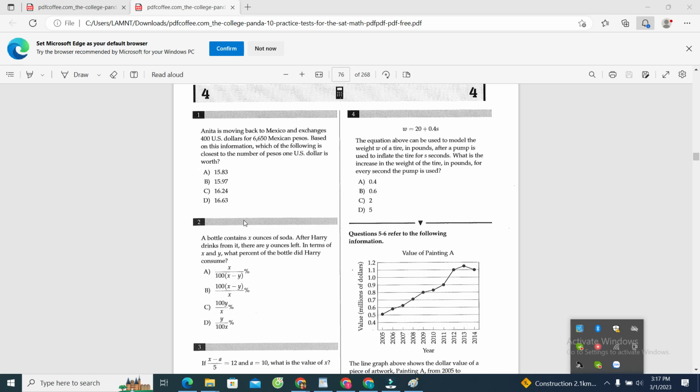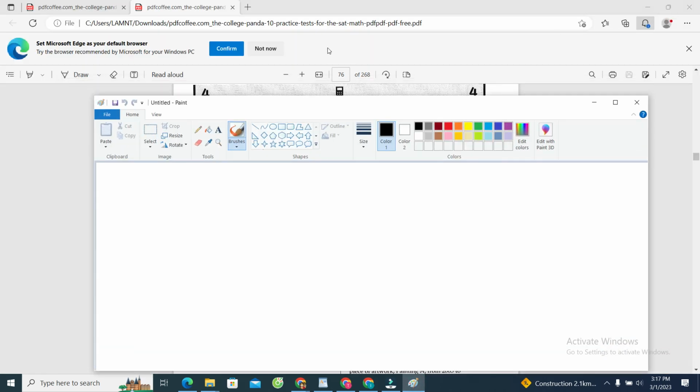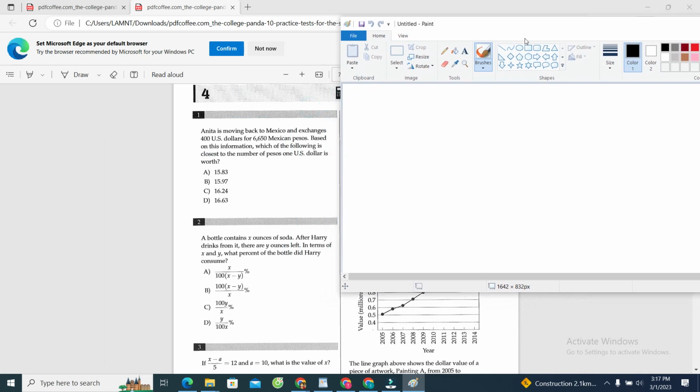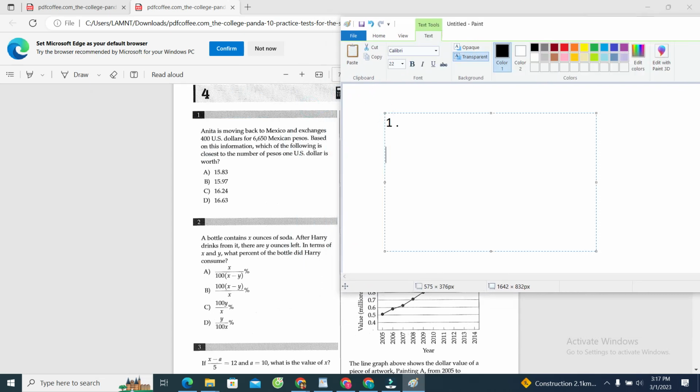Based on this information, what is the following closest to the number of pesos $1 is worth? Okay, so you can see here for number 1, 400 US dollars (USD) is equal to 6,650 Mexican pesos.